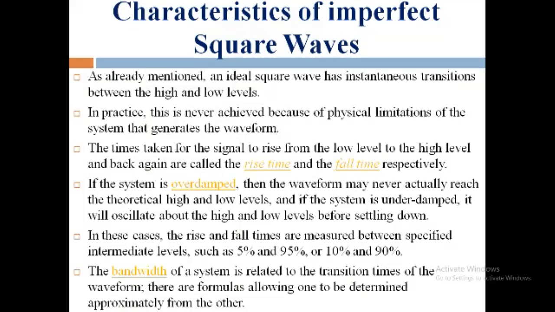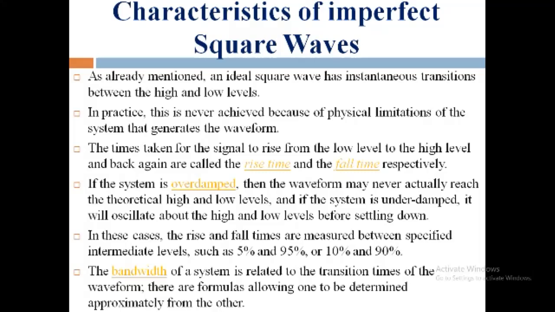If the system is overdamped, then the waveform may never actually reach the theoretical high and low levels, and if the system is underdamped, it will oscillate about the high and low levels before settling down.